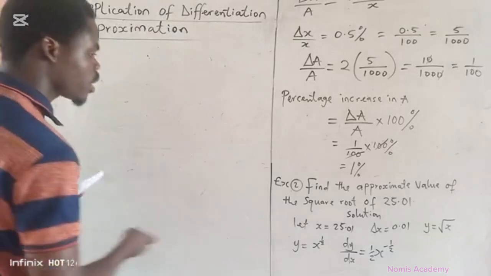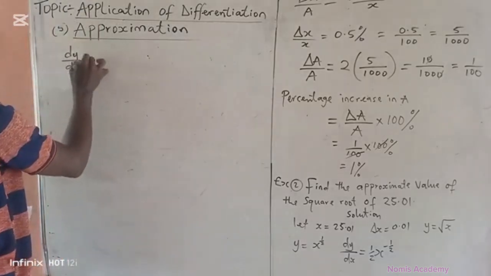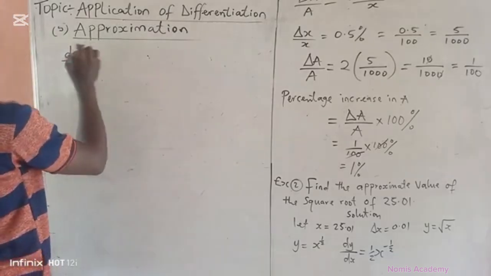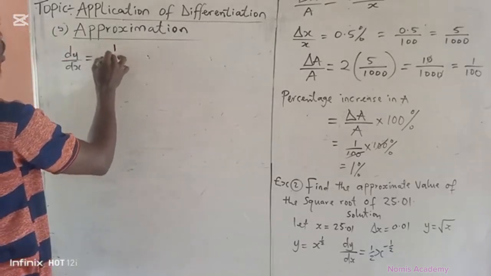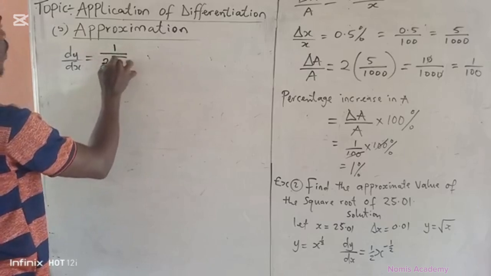You can write it like this: 1 all over 2 square root of x.